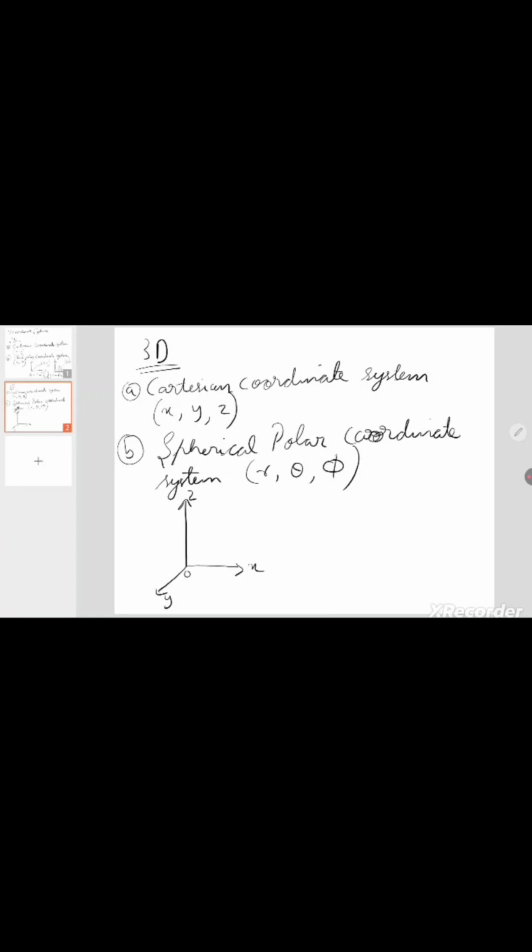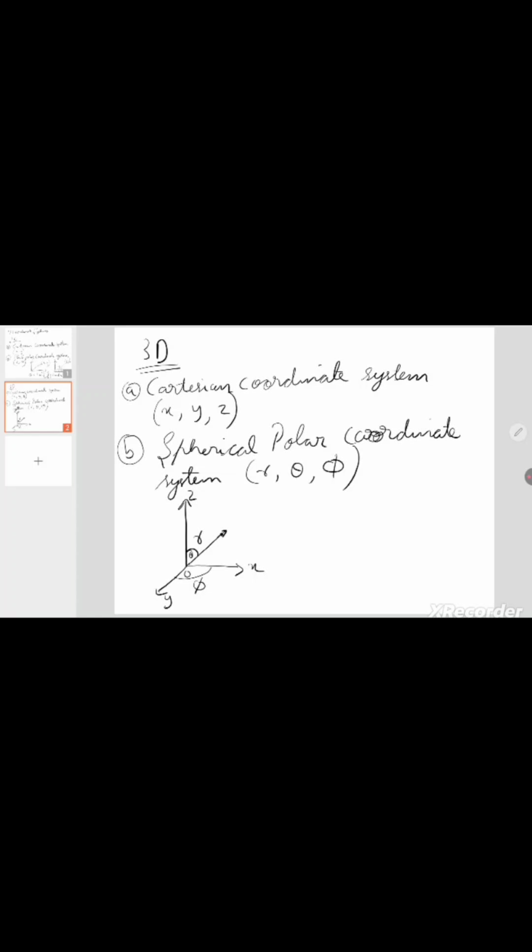Now just imagine there is a vector. It stands like this. It's radial, and here there is a particle, and the distance from the origin to the particle, the radial distance, is r. Now this angle is theta. This angle is phi.